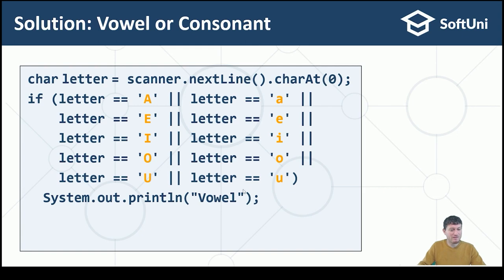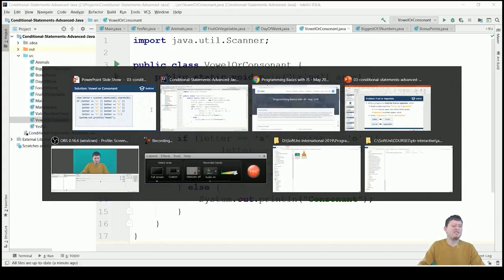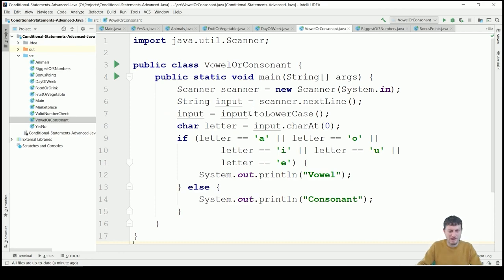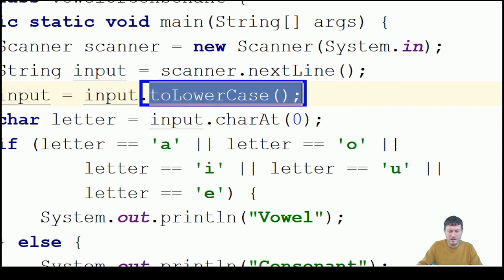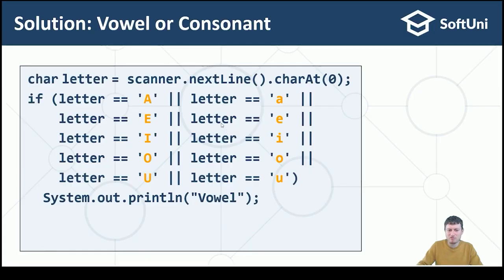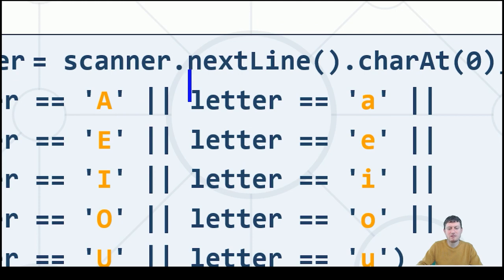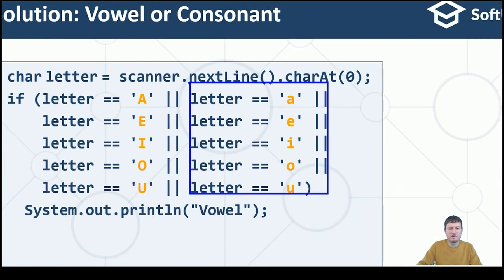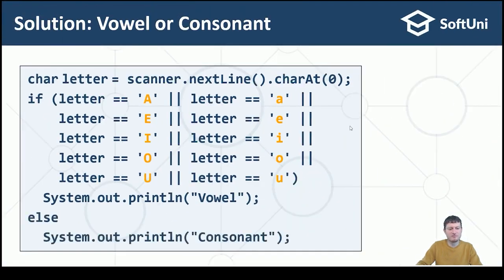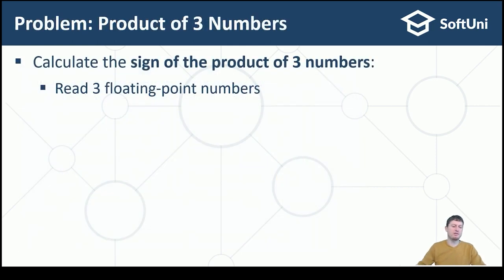So we have the letter, and we can check for vowel or consonant, or we can say dot toLowerCase like we did here, and this toLowerCase will allow us to check just these letters instead of all the letters. Okay, and finally, in all other cases, when we don't have a vowel, we consider the input is a consonant.